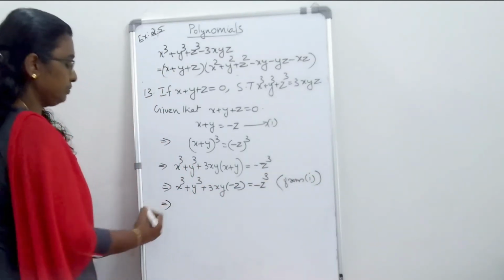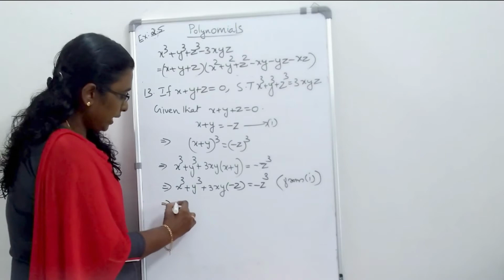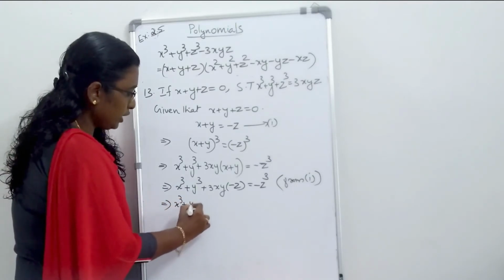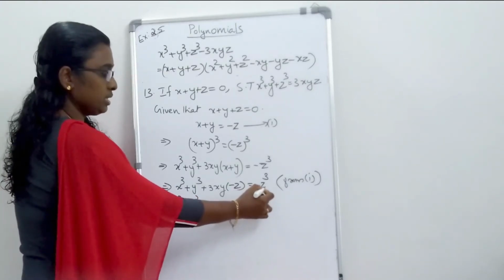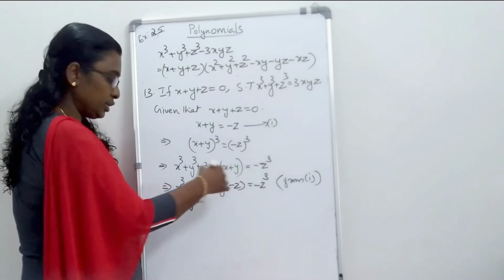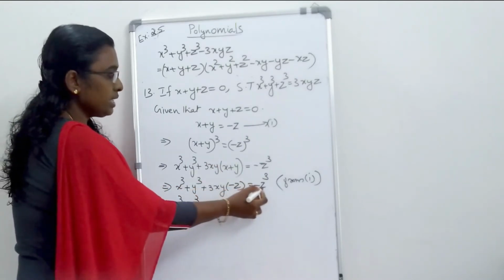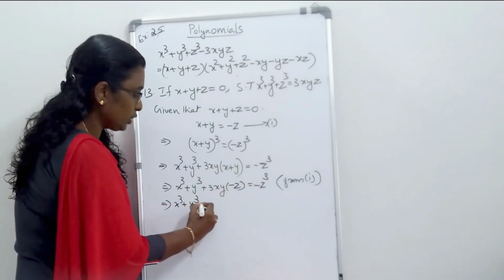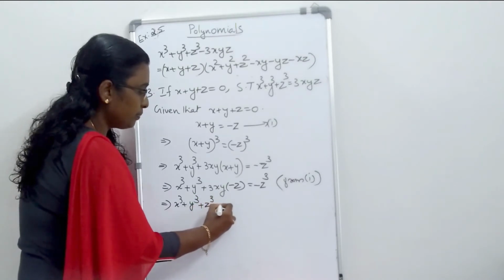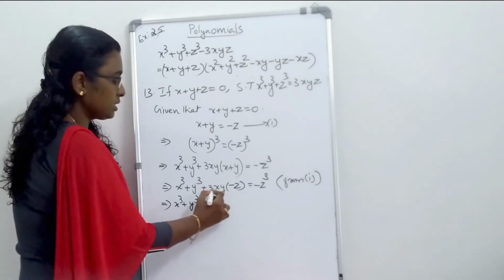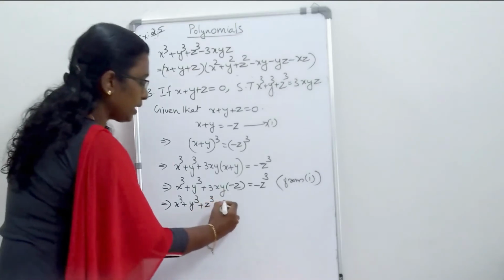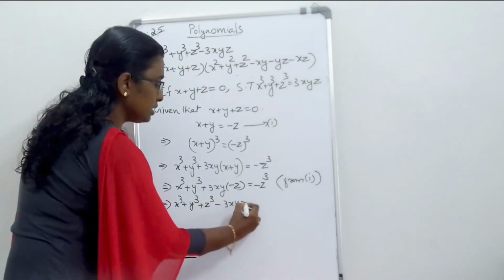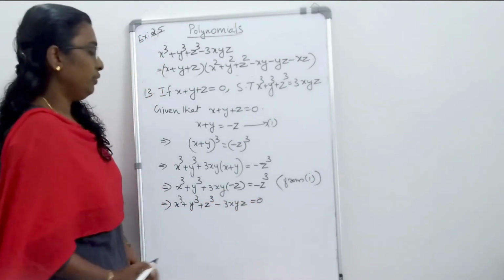It implies x cube plus y cube. This minus z cube, shift this minus z cube to LHS. This minus z cube becomes plus z cube. Minus 3xy into minus z is minus 3xyz equal to 0.